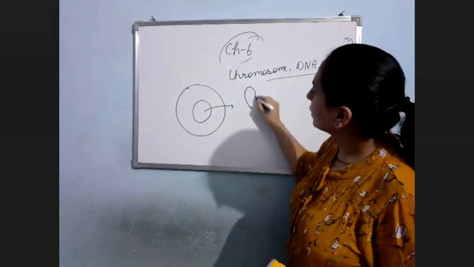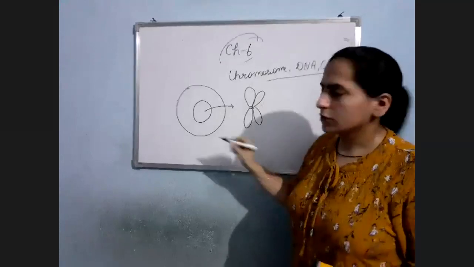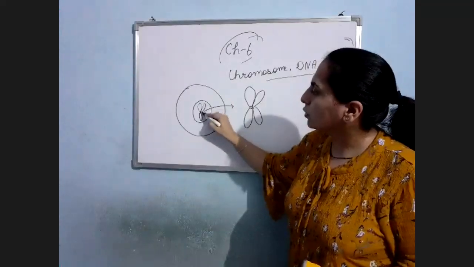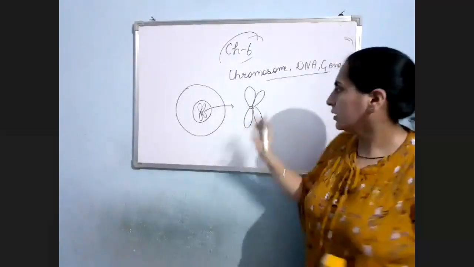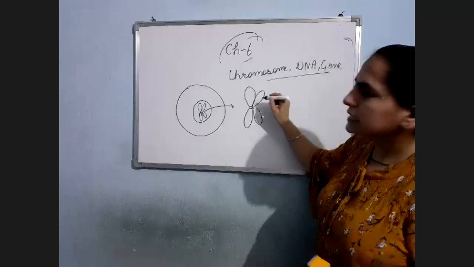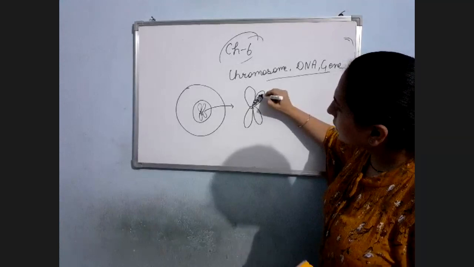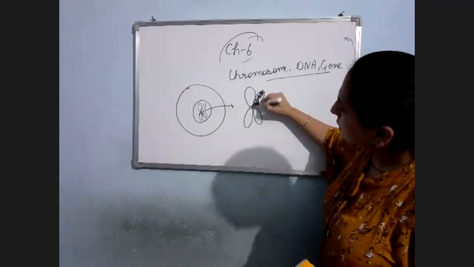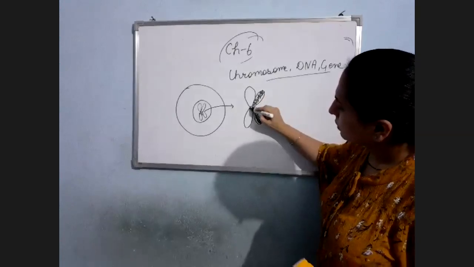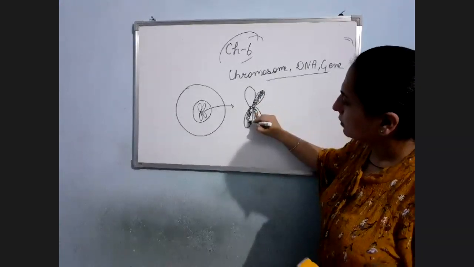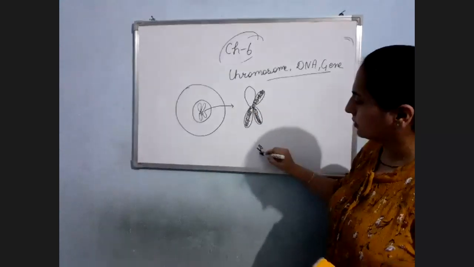Now, if you look in the nucleus, we can see chromosomes, right? So here in the nucleus, I am having chromosomes. Like in our body, we have 23 pairs in each and every cell. Now, in the whole chromosome, it is present like this. We will study this whole structure now.